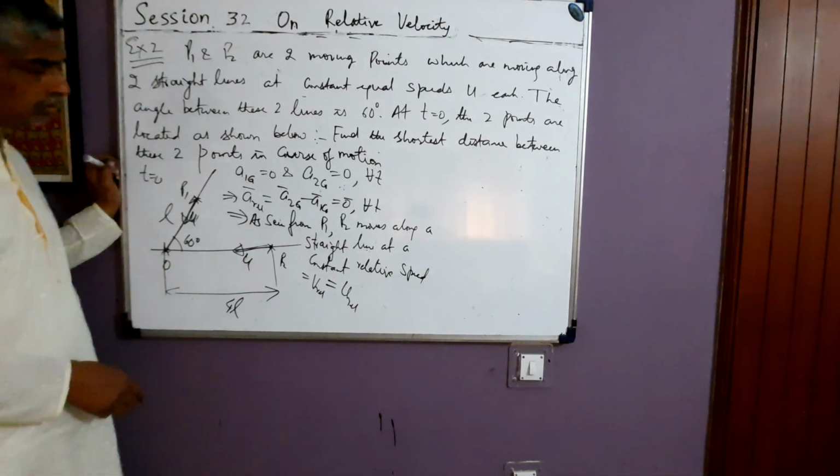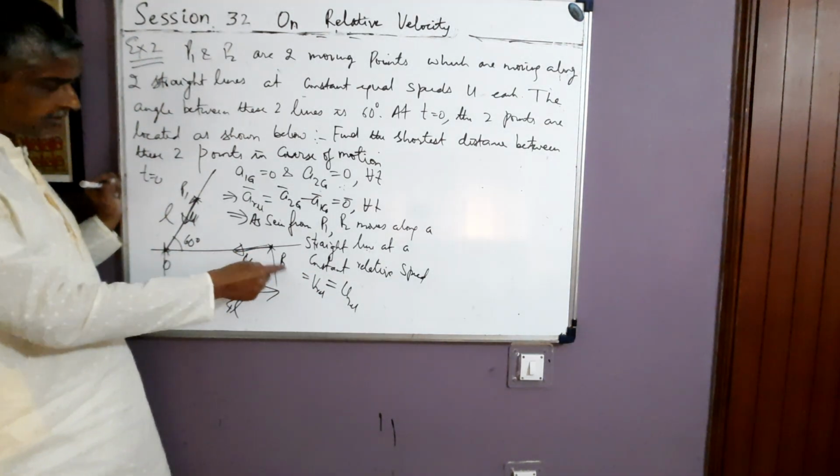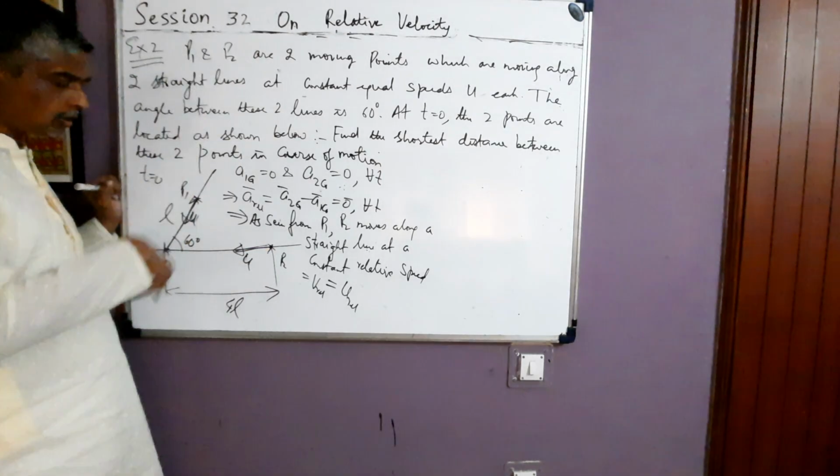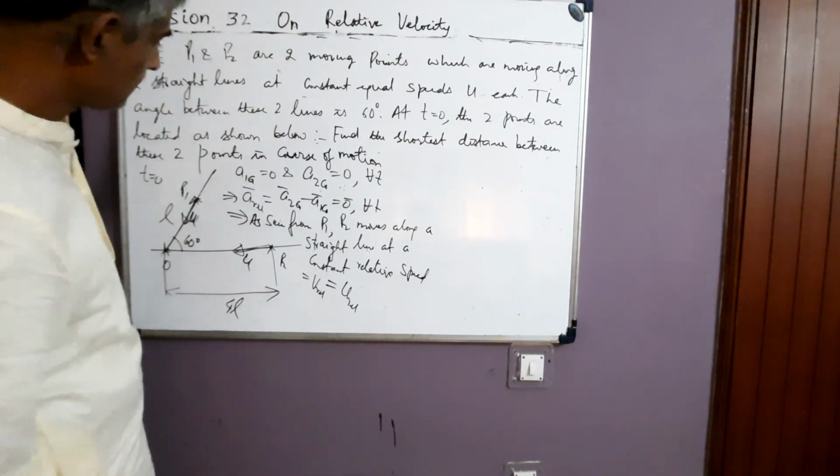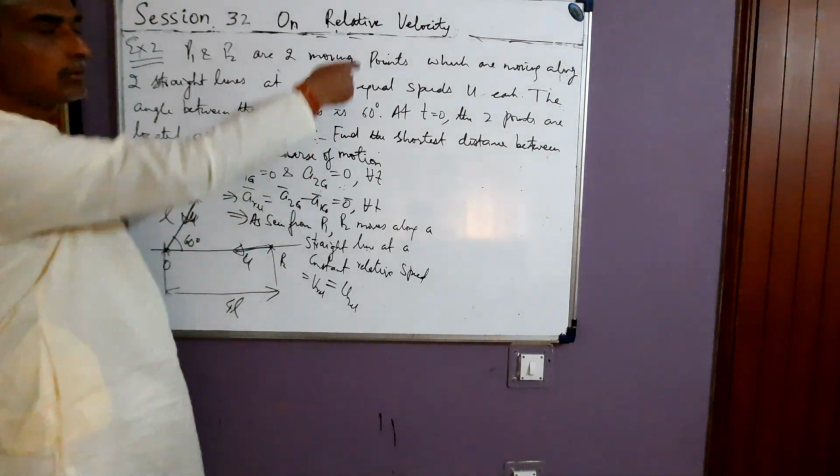So all we have to do is to find this u relative and then draw the normal. So I'll rub the upper portion.